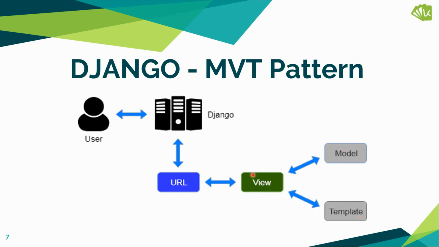The view can also contact the model, get some data, update the data in the template, and then return the final response. The whole thing is like you enter a garment shop, let's say, and there you go to the counter and ask for, let's say, a shirt.